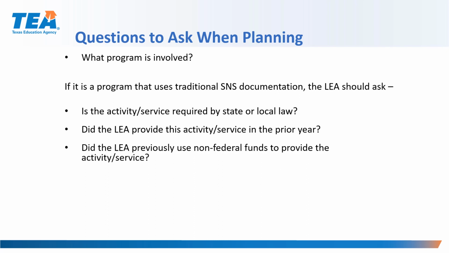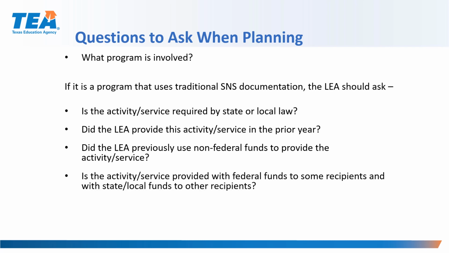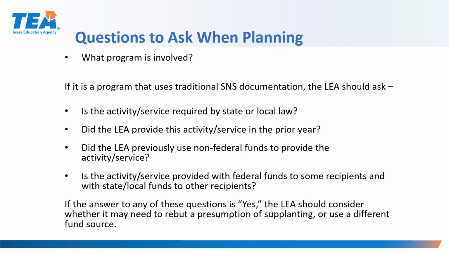Did the LEA previously use non-federal funds to provide this activity or service? Is the activity or service provided with federal funds to some recipients and with state and local funds to other recipients? If the answer to any of these questions is yes, the LEA should consider whether it may need to rebut a presumption of supplanting or perhaps use a different fund source.